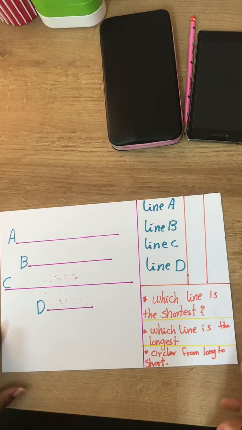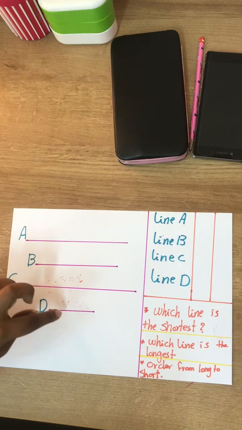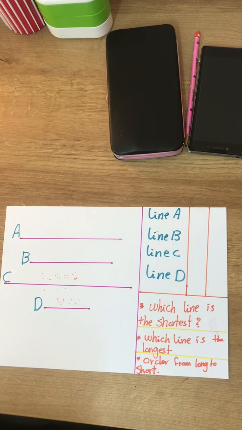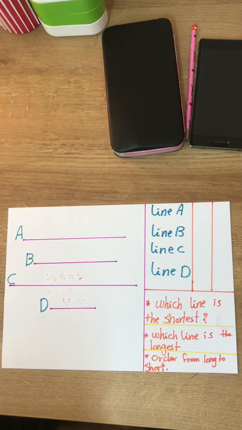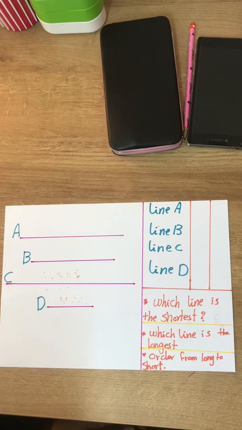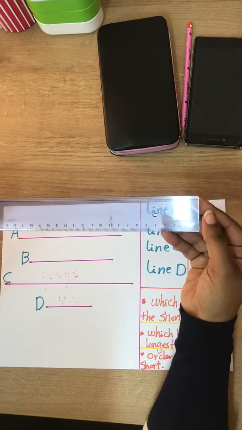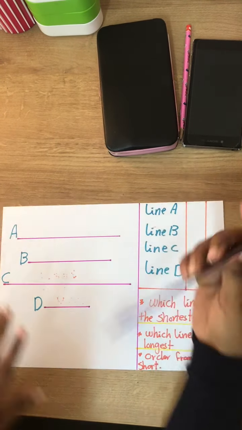Look at this page. I have 4 lines. I have line A, B, C, and D. I want to find the length of each line, or I want to measure the length of each line. The first thing I'm going to do is get my ruler and place the 0 on one of the points.